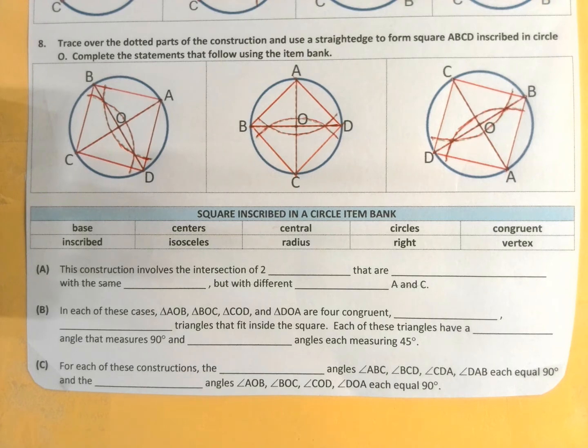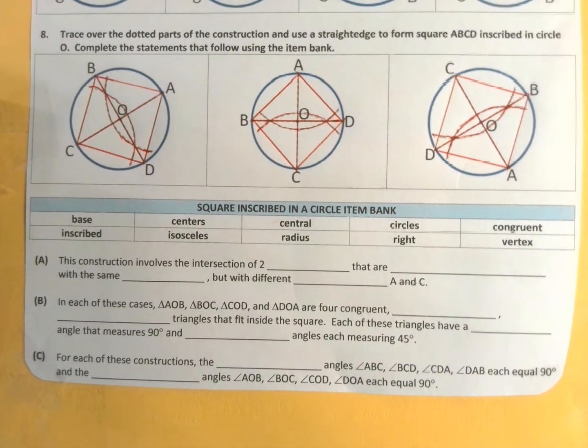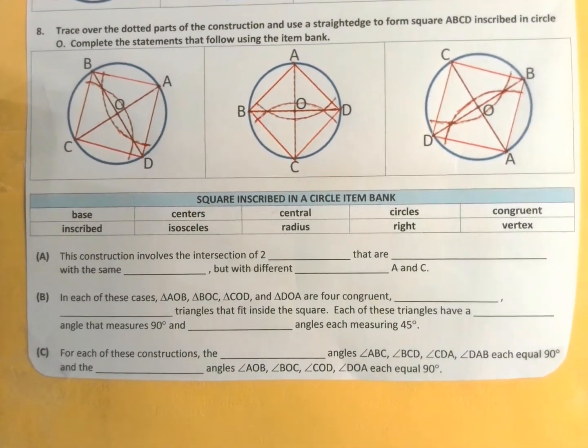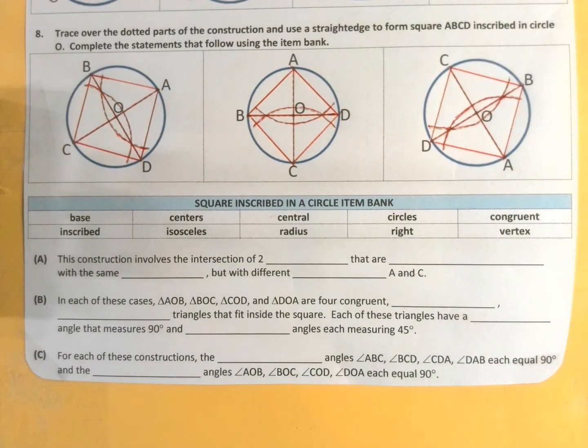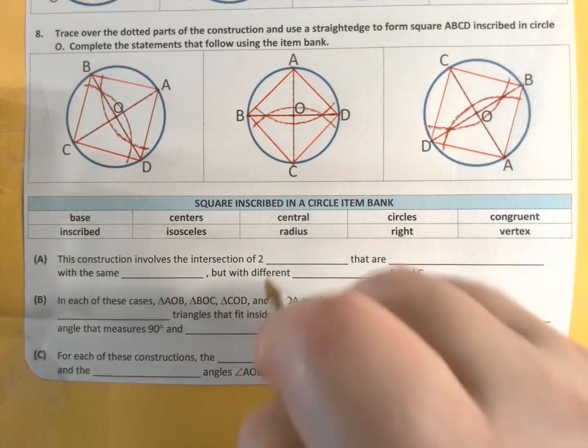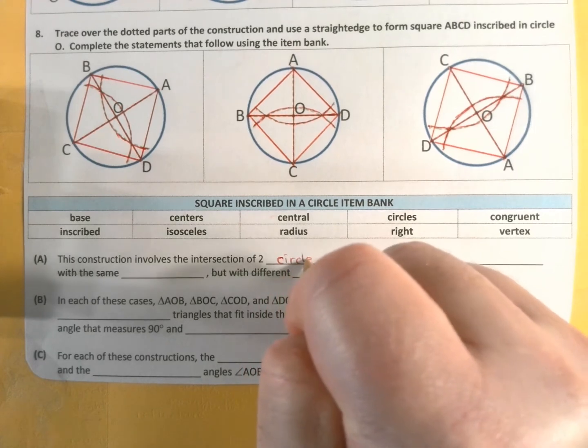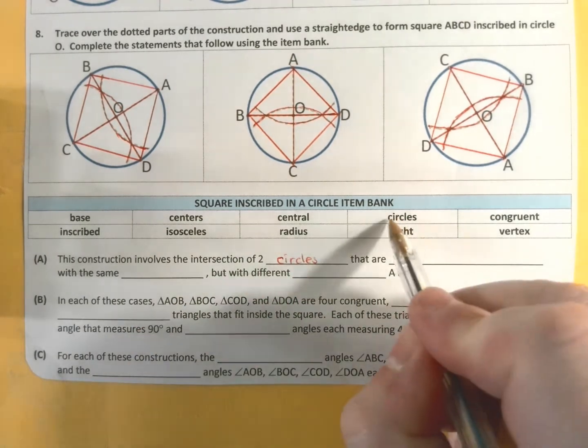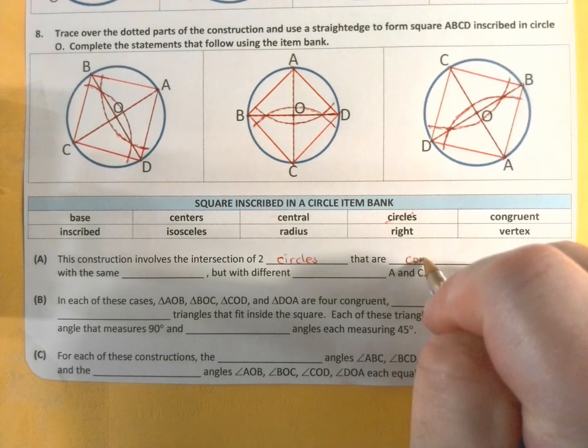So in each of these cases, we have an inscribed square in a circle, and this construction involves the intersection of two circles. Each of these circles are congruent.